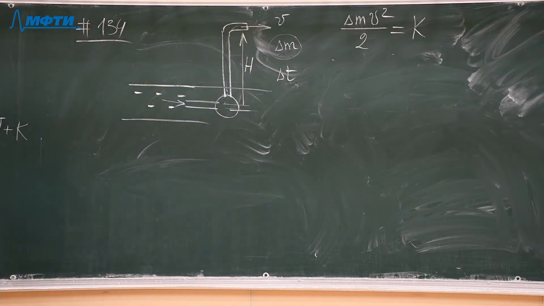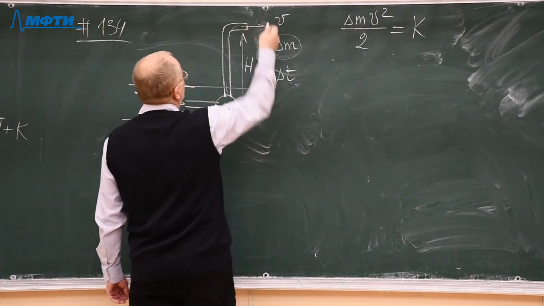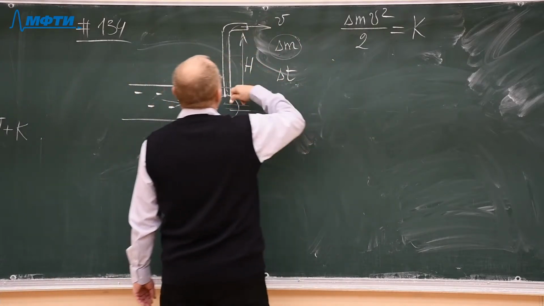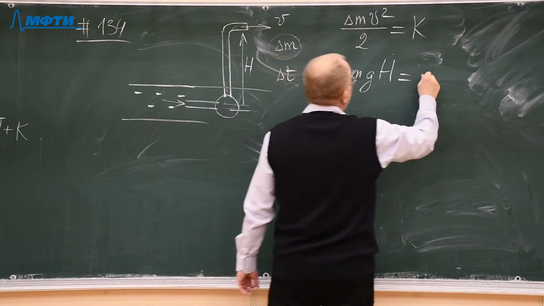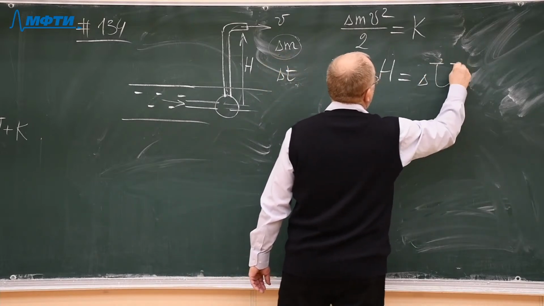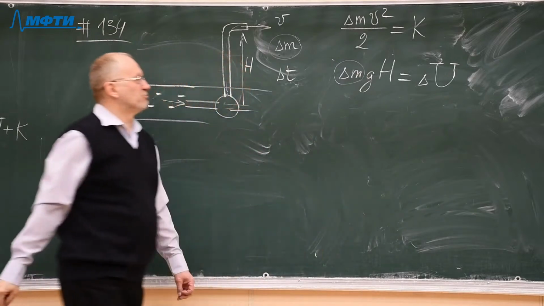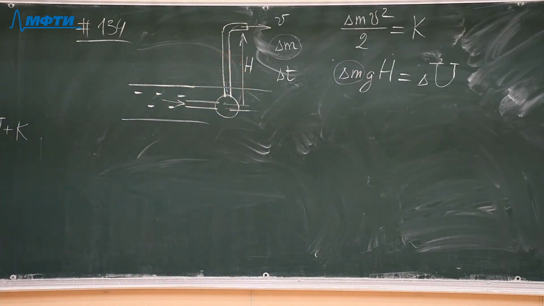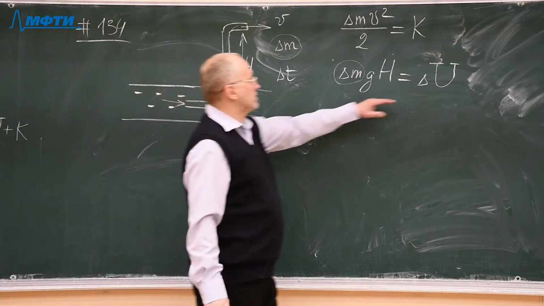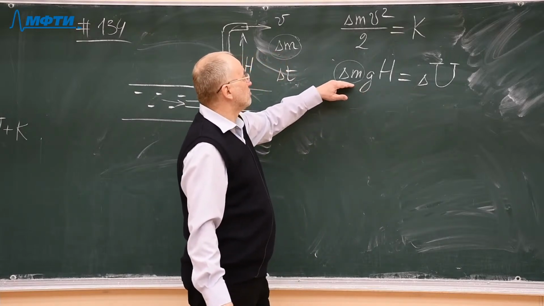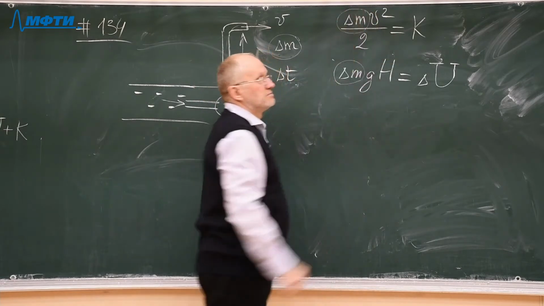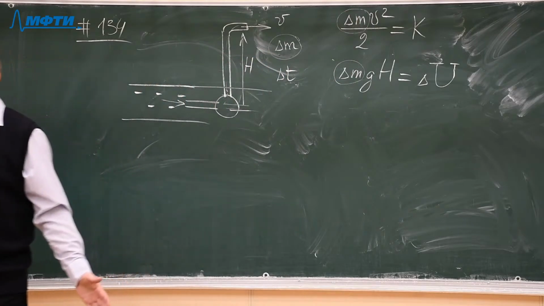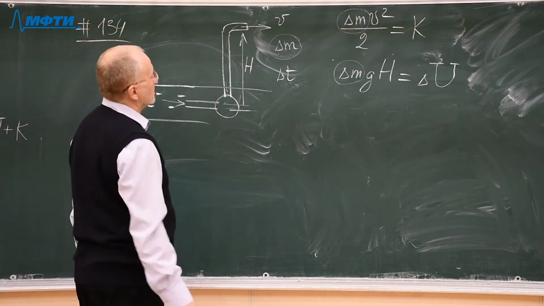And so the same amount of water which is lifted during 1 second will increase its potential energy by delta m g h. That will be the increase in potential energy of mass delta m of water. So what the pump does, it increases the potential energy of some amount of water, and it increases the kinetic energy of the same amount of water. Naturally, the pump does these two things.